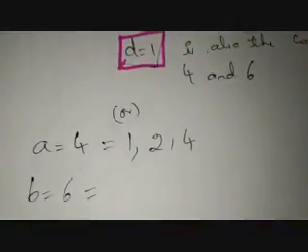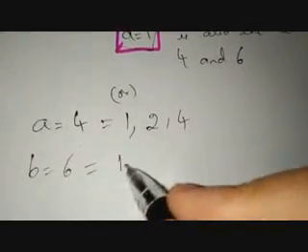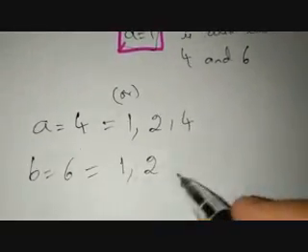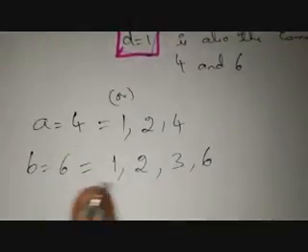Is there any other divisor? No. Similarly, for B equal to 6, can you tell me the divisors? Yes, 1, 2 3s are 6, 3 2s are 6, and 6 itself. These are the only divisors of 6.